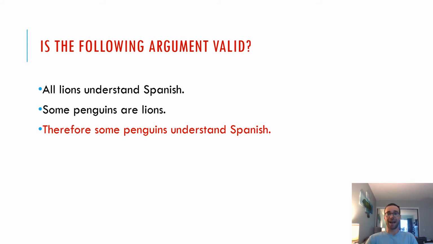There is no way out of accepting the conclusion if the premises are true. So here, by saying that all lions understand Spanish, if in fact some penguins are lions, then those penguins must understand Spanish. This is the perfect structure for a deductive argument, even though each proposition is most likely false.